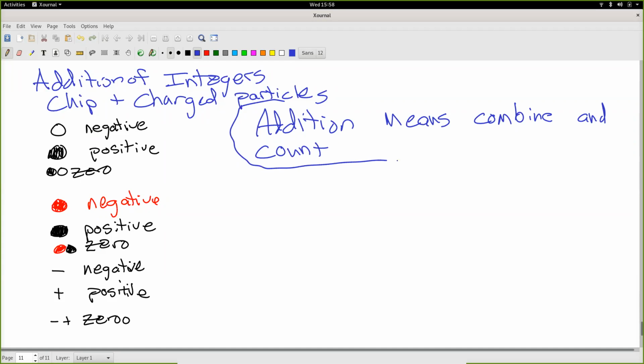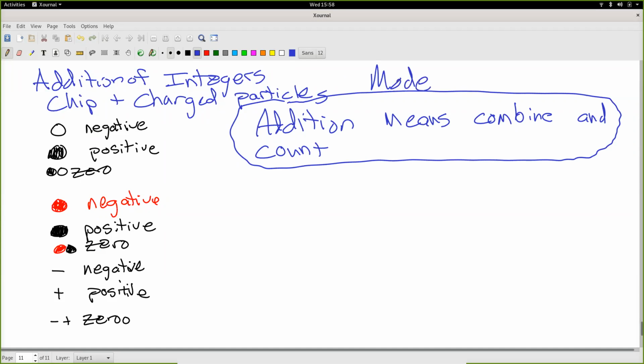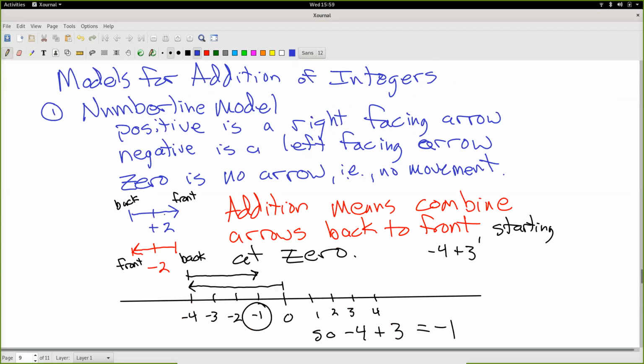Okay, so whenever we do, for the next couple weeks, a problem where we're trying to model signed numbers and we're using any model, doesn't matter whether it's the number line model, the charged particle model, the chip model, we got to do a couple of things. We have to say, okay, what is our model? Is our model the numbers, the arrows that point in a particular direction? We have to be upfront about what that means, which direction they go.